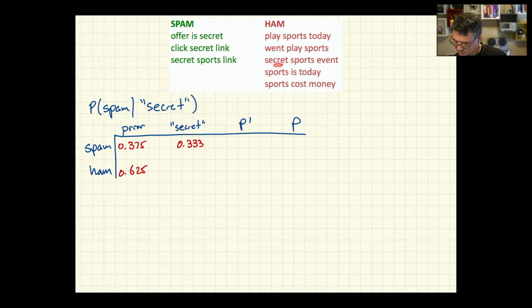Secret appears just once, so 1 out of 15 times, which is, oh boy, 0.067. I think I got that right.